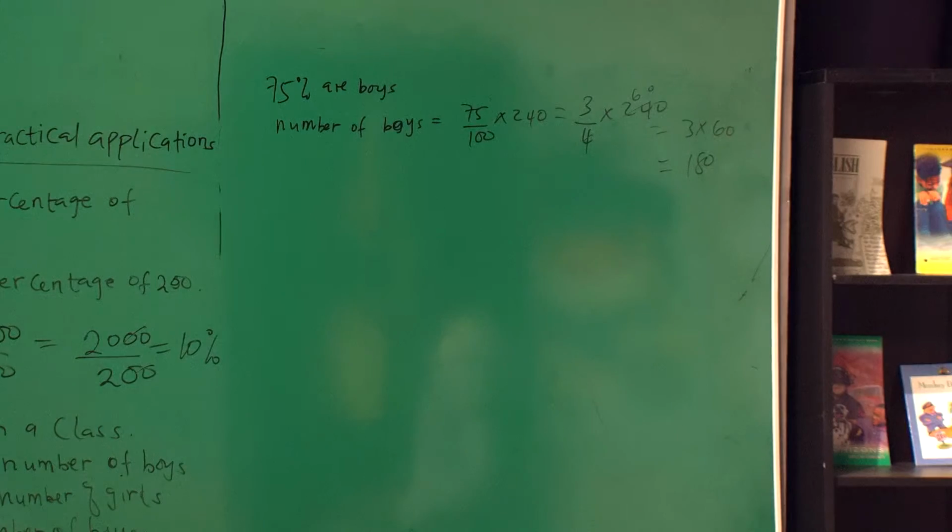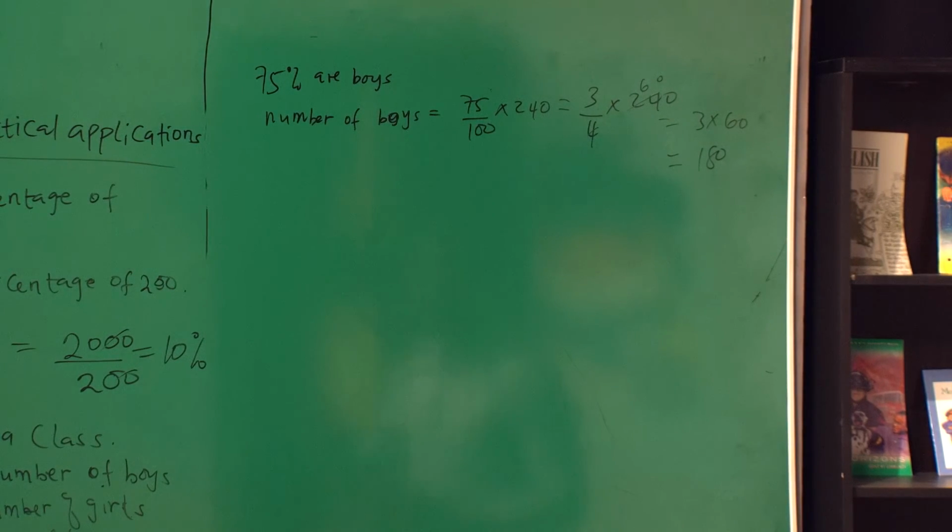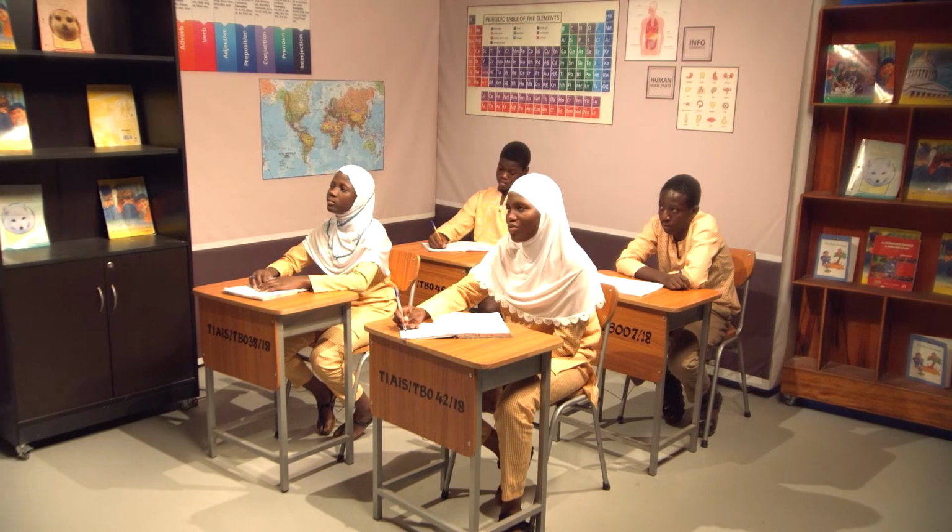180. So if the total number is 240 and you have 180 as boys, you can find the girls. How do you find the girls? You know the total to be 240. Boys alone, 180. How do you find the girls? I have 4 students in my class. 2 are girls.